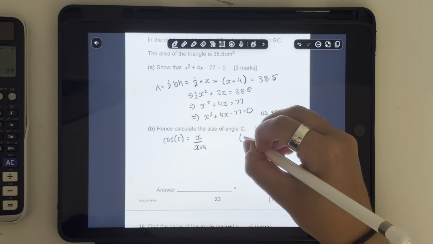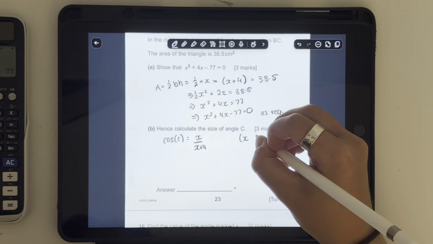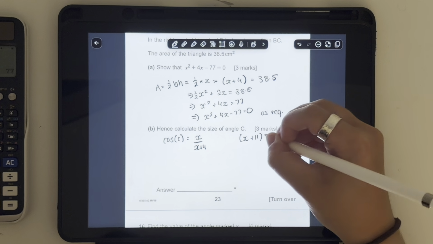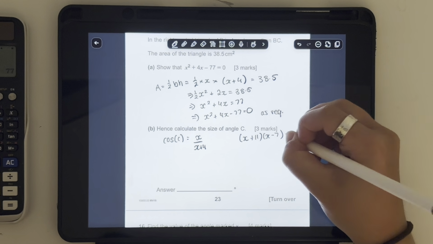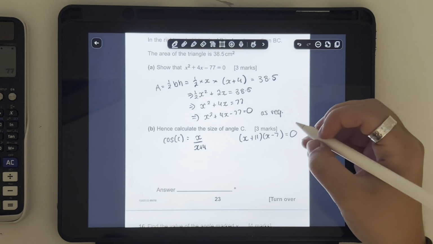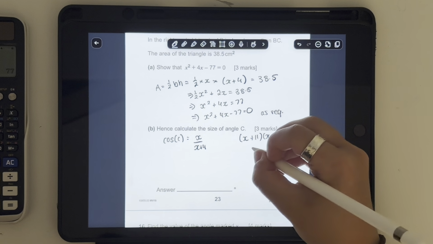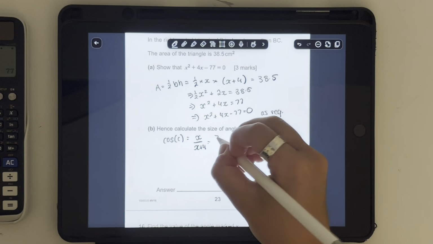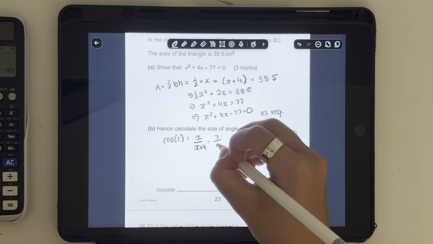So x plus 11 minus 7 works. Yeah, so x has to be 7 in this case, which means that this is 7 over 11.